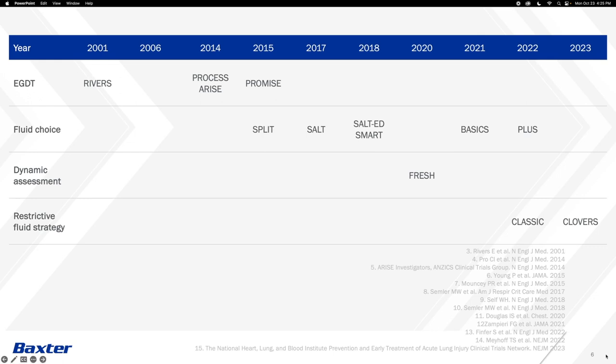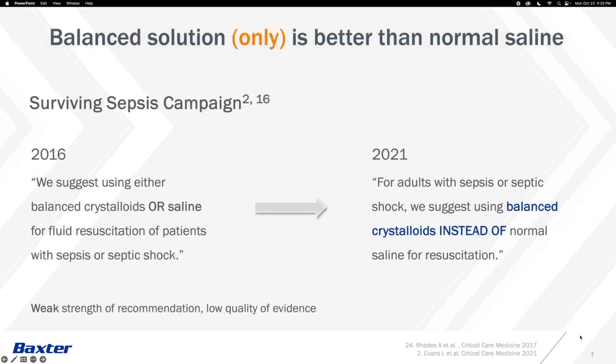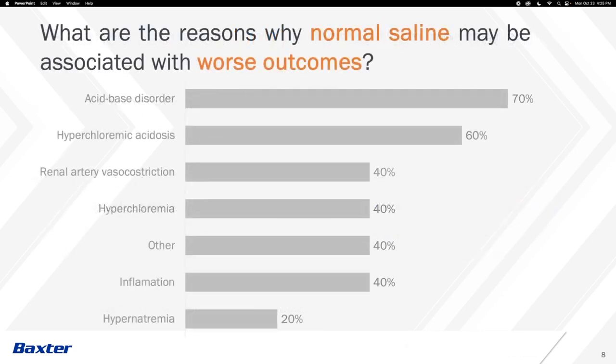I think the next thing to really pay attention to is the fact that Surviving Sepsis Campaign has updated their guidelines to say that for adults with sepsis or septic shock, we suggest using balanced crystalloids instead of normal saline for resuscitation. Why is that? Well, the pH of normal saline is around 5.5, and so there is this idea that perhaps the acidity of normal saline is creating an increase in the acid-base disorder, contributing to a hyperchloremic acidosis, right?